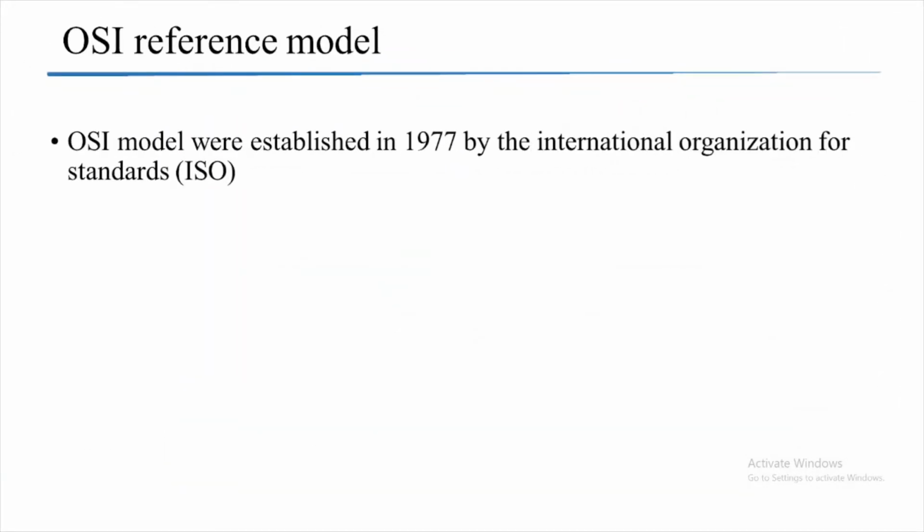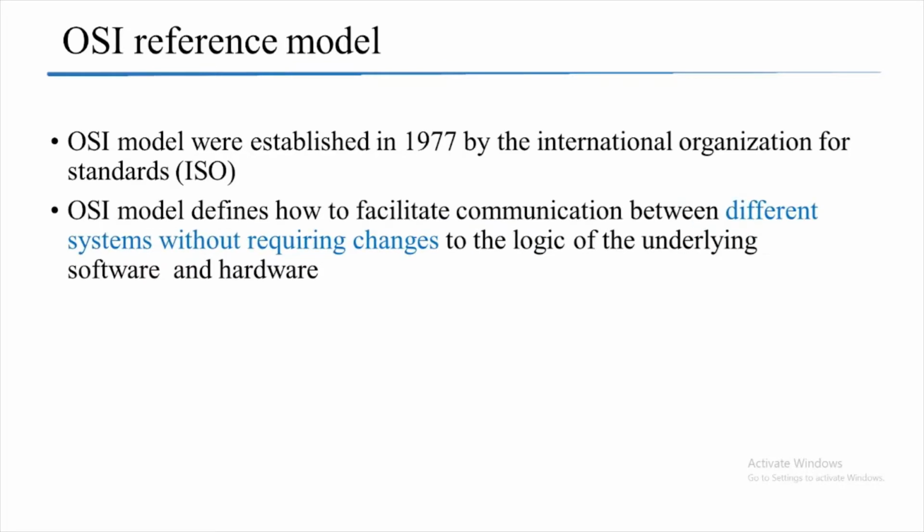The OSI reference model was established in the 1970s by the International Organization for Standardization, which is the ISO. The OSI model defines how to facilitate communication between different systems without requiring change to the logic of the underlying software and hardware.